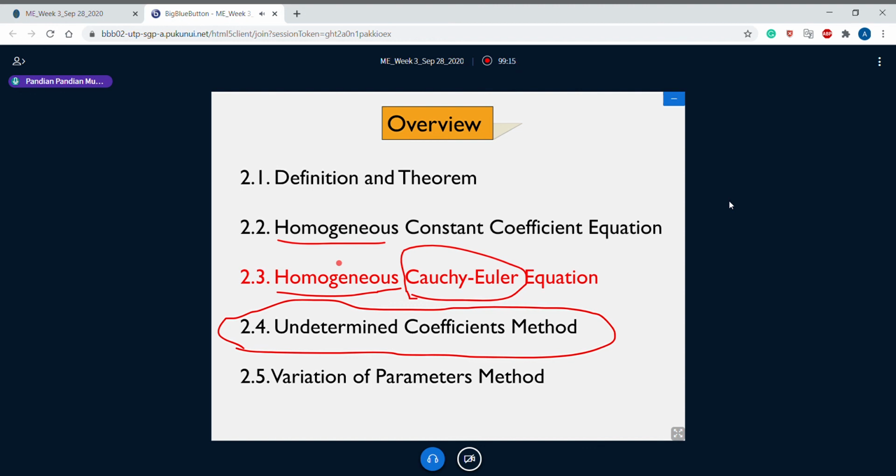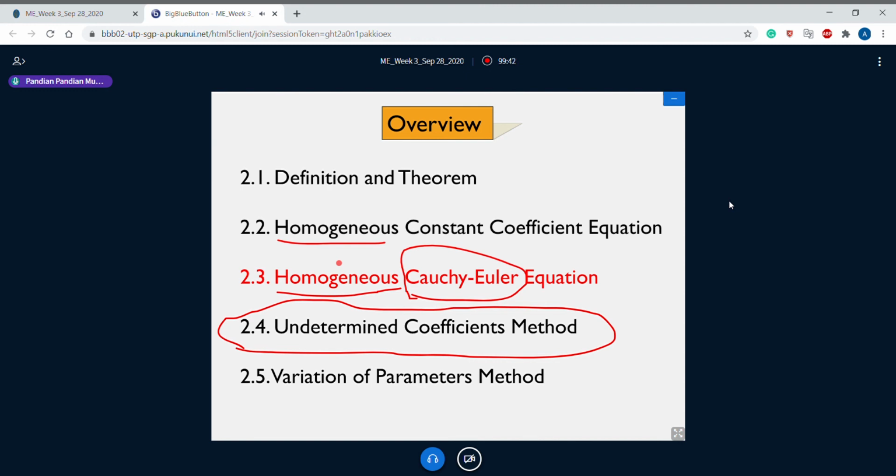But for the non-homogeneous, the slides are not available here. I'm just giving you the verbal scenario for the next lecture. For the non-homogeneous, we have to use the undetermined coefficient method. So what is the undetermined coefficient method? This is what we will do in the next lecture.